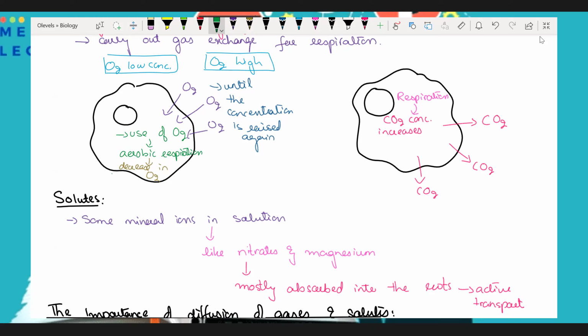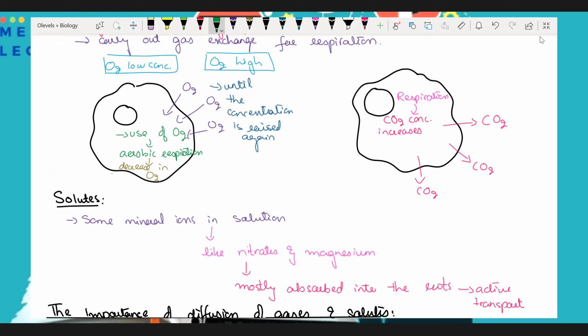Okay. And this is the example of another animal cell. For example, again, now we know as a product of respiration, carbon dioxide is produced inside the cell. So as the cell is respiring, more and more carbon dioxide will be produced inside the cell, right?